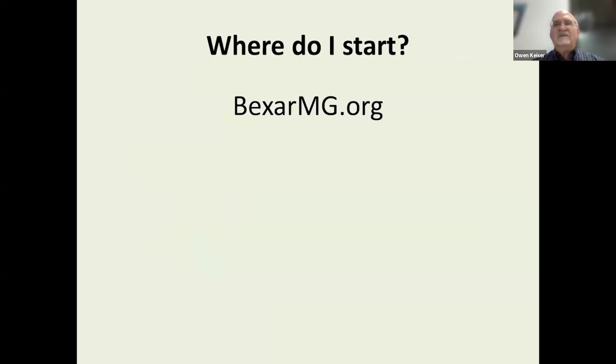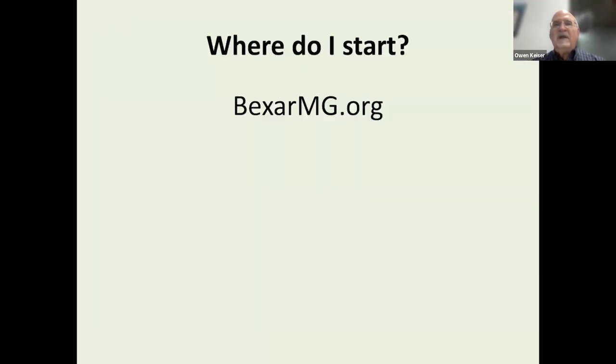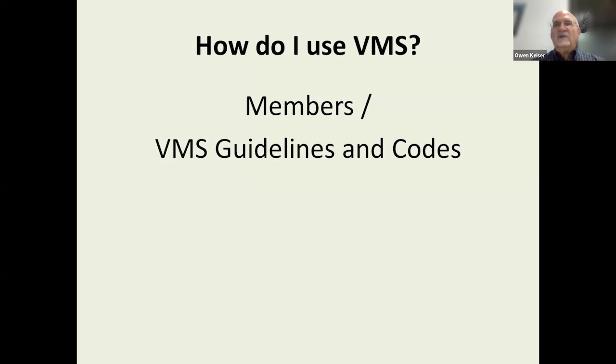Okay, where do I start? This is the Bexar County Master Gardener website, bexarmg.org. That is the easiest way to get into the system. How do I use it? You click on members, and then there's VMS guidelines and codes.